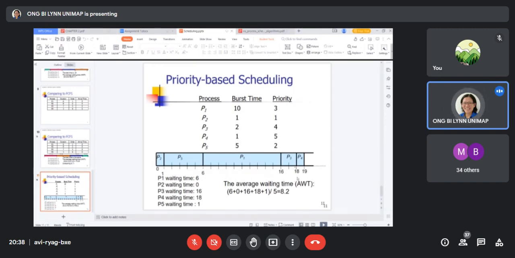P3 finishes at 18 minus itself 2, you have 16. P4 finishes at 19 minus itself 1, you have 18. Lastly, P5 finishes at 6 minus itself 5, you have 1. So your average waiting time will be equal to 6 plus 16 plus 18 plus 1, divided by 5, which is 8.2.